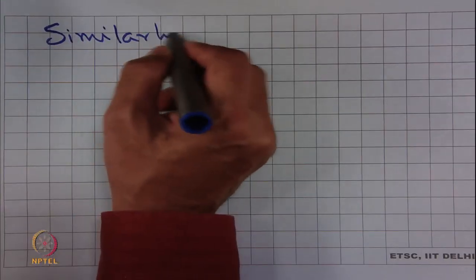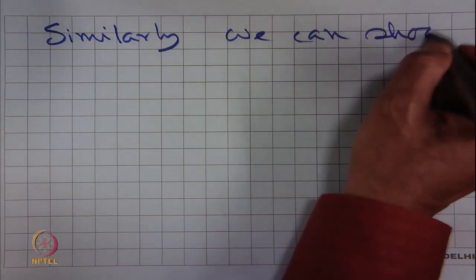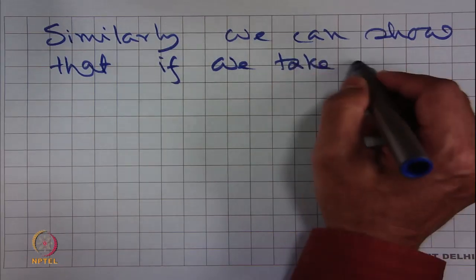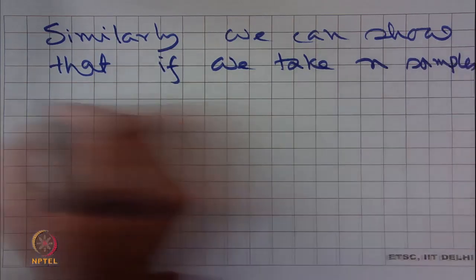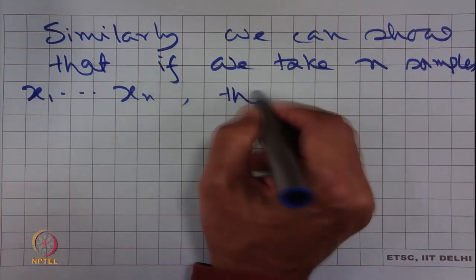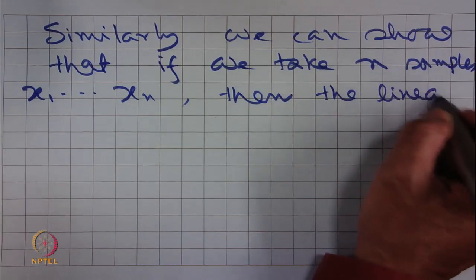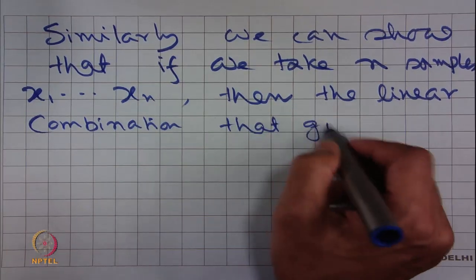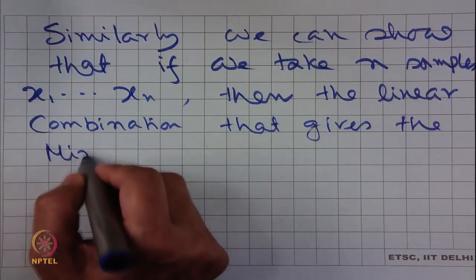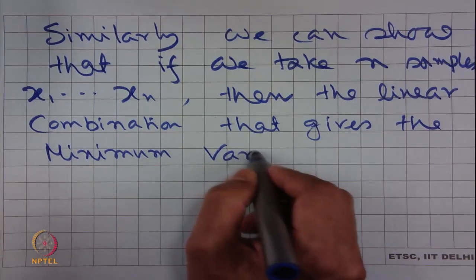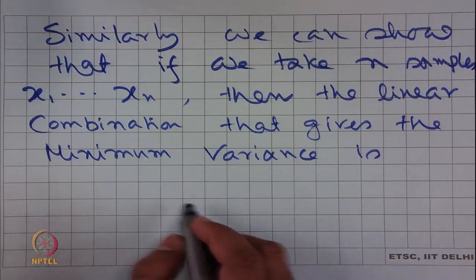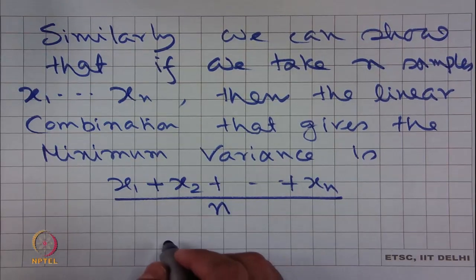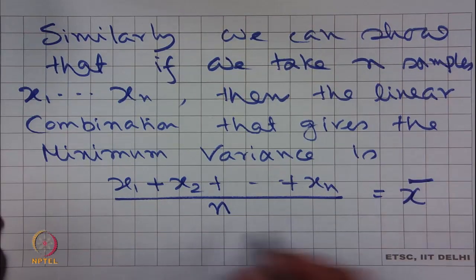Similarly, we can show that if we take n samples, x1, x2 up to xn, then the linear combination that gives the minimum variance is x1 plus x2 plus xn by n, that is x bar, that is the sample mean.